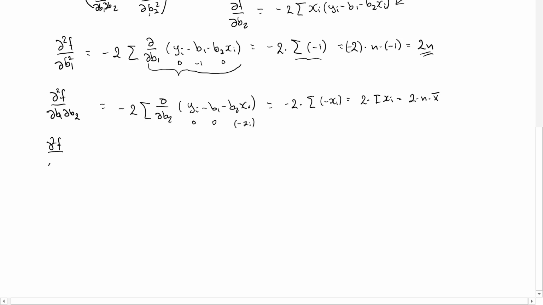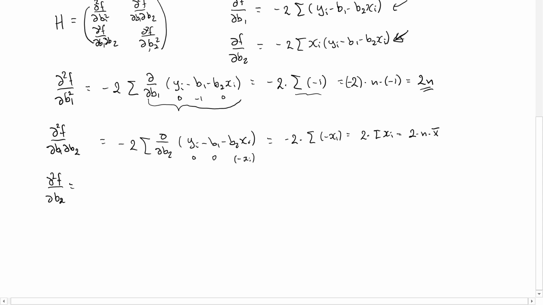So we have one more, and that's the second derivative with respect to b2. And then I do the derivative of this with respect to b2. -2 summation of d/db2 of this expression here, and let's put the xi inside.